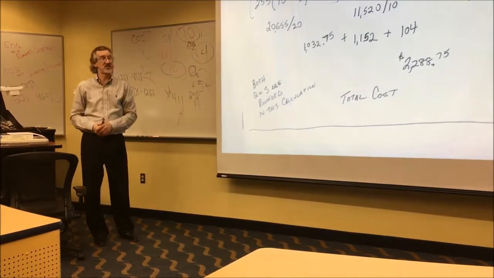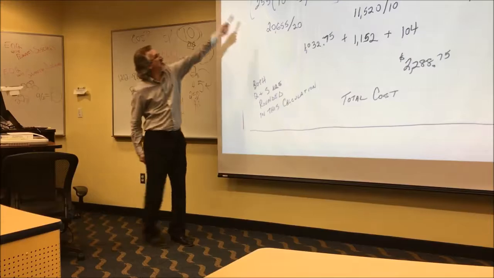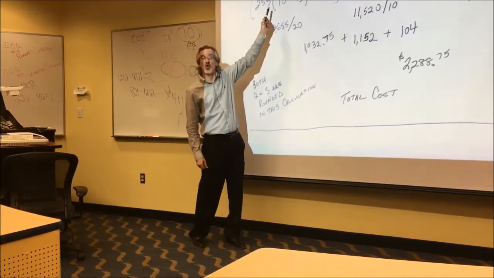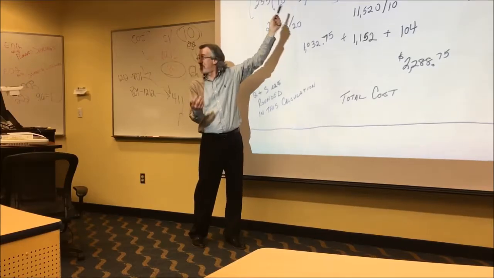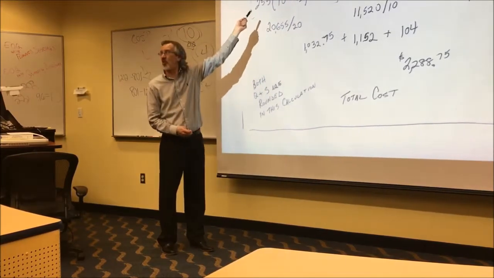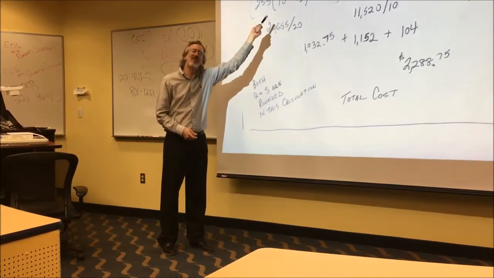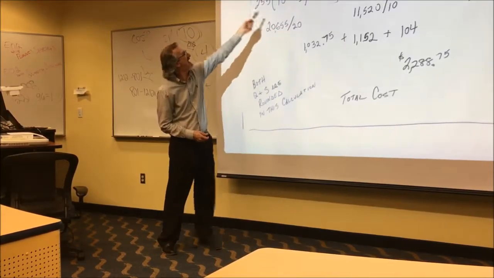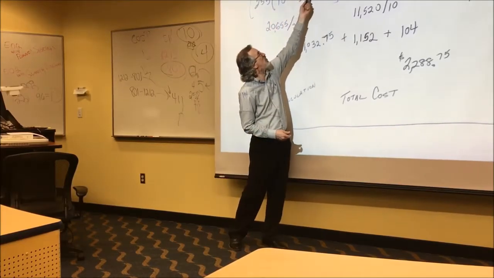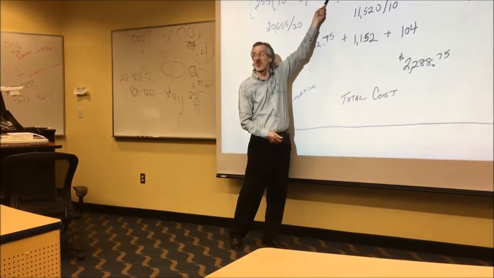C sub H, $255 holding cost. Here's the weird part. Q, the optimal quantity, minus the back order S, squared. In this case, we told them to order 10, and they can have a maximum of 1 on back order, so 10 minus 1 is 9 squared, 81, divided by 2 times the optimal quantity when they place an order, which is 10.